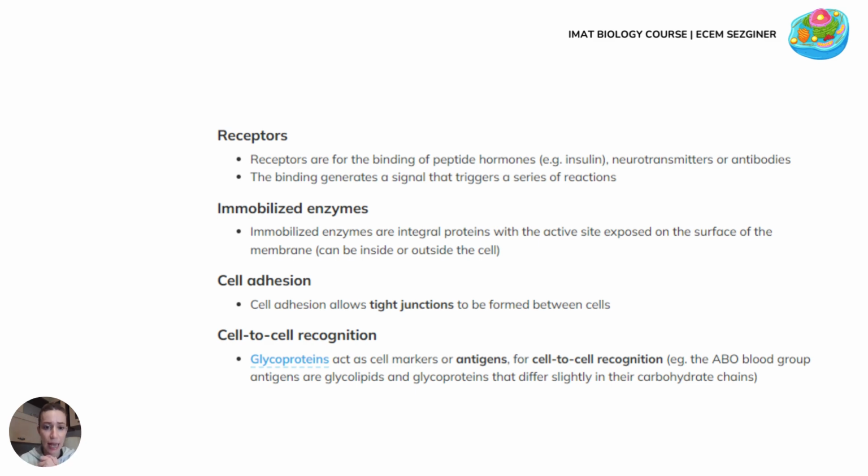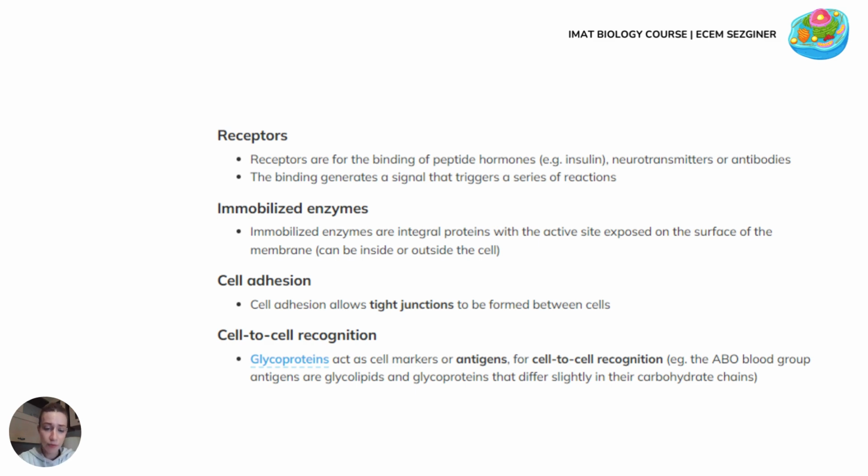Cell-to-cell recognition can happen thanks to glycoproteins because they have a sort of identity, with different shapes, so they can be cell markers or antigens, or they can be simply useful for cell-to-cell recognition. For example, cell-to-cell recognition and glycoproteins are essential in determining the ABO blood group antigens, because if you are looking at a blood transfusion, you should be able to identify the glycoproteins on the red blood cells of the patients.